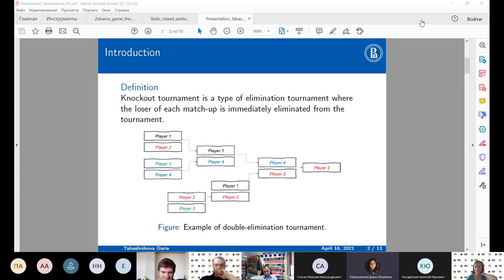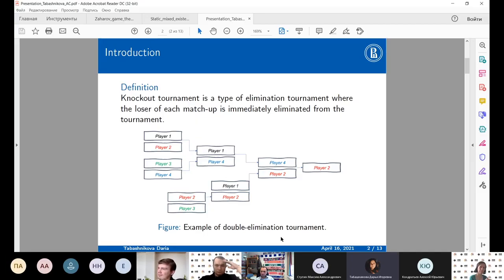You can see the example of a double elimination tournament for 4 players, and you can see on the picture that it consists of 6 rounds, while a single elimination tournament would have only 3 games. So we will compare these tournaments.